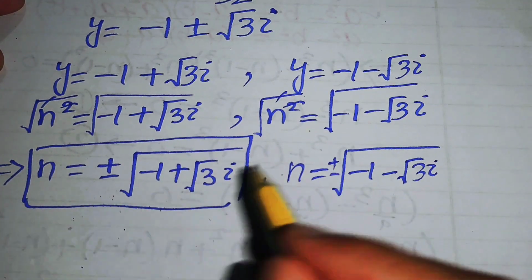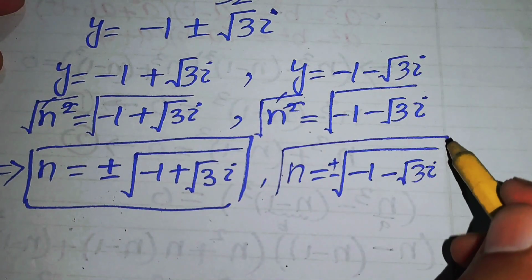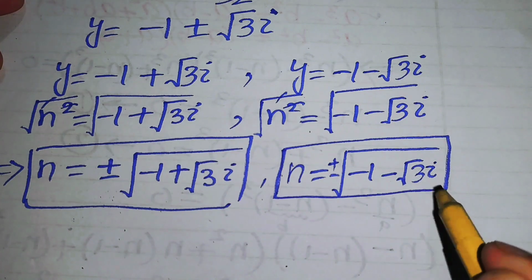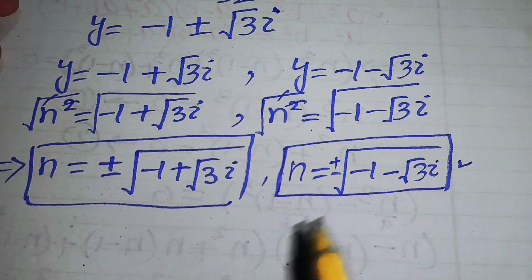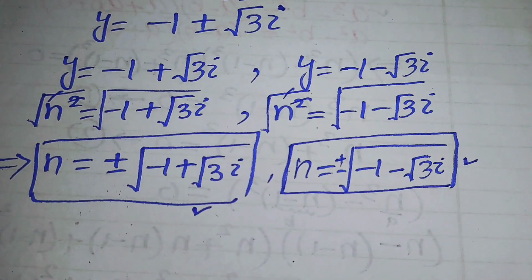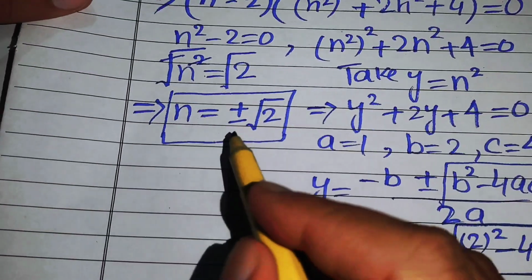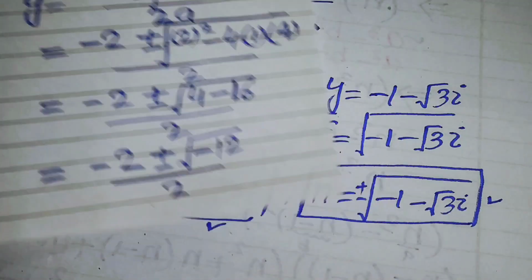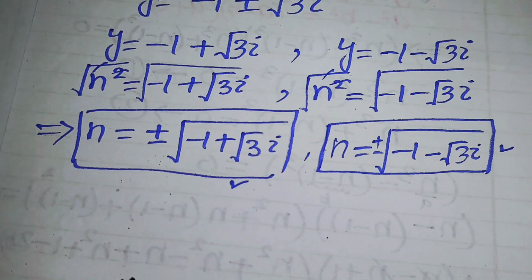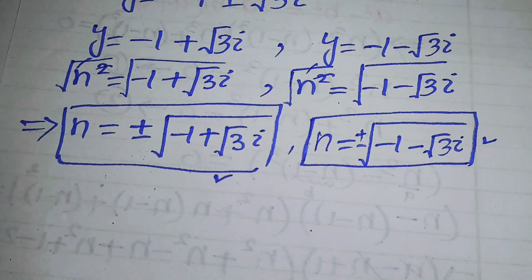So you write the plus minus sign again here. So finally we have the two complex roots here and two complex roots here, and our two real roots will be right here. So this is our total of 6 roots of this problem, and this is the final answer of this problem.